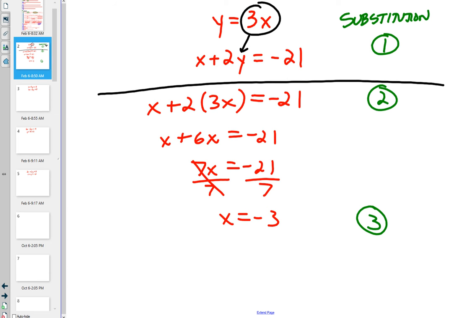And if there is an x and there is a y, that means there has to be one solution. Long story short, if you're able to complete step 3, you have to have one solution. The only way you can have no solution or infinite solutions is if you're not able to solve. Basically, instead of having one variable left, you would go down to no variables left. All the variables would cancel, not just one of them.